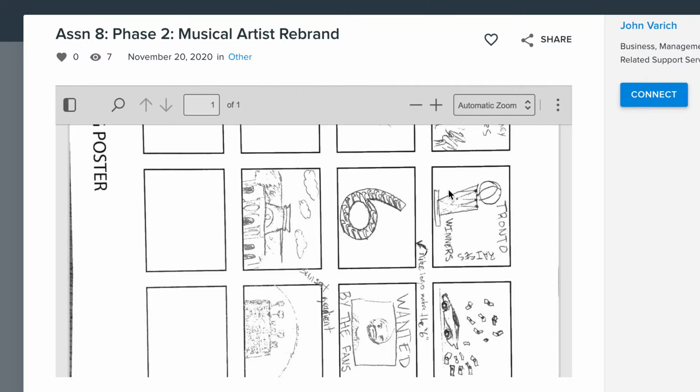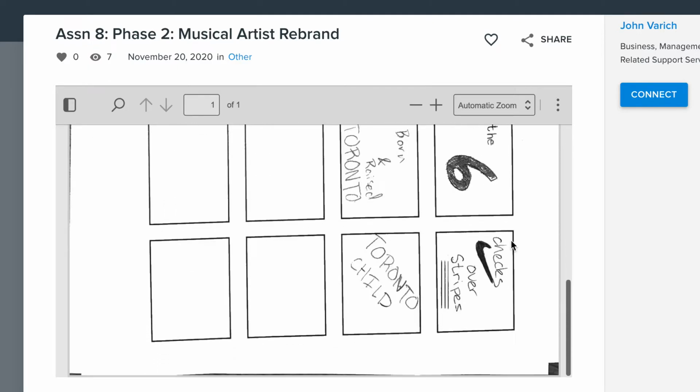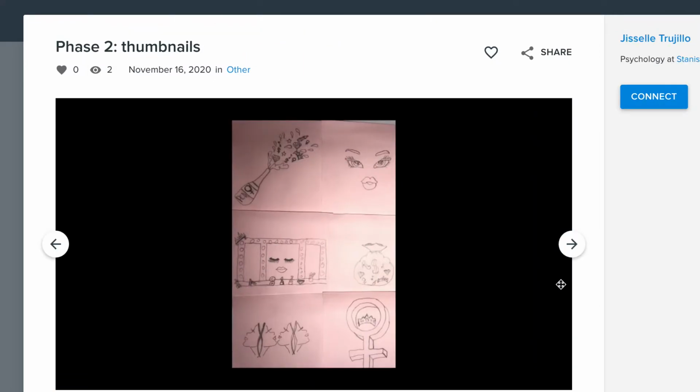Just seeing this basketball and this number 6 and the word Drake, kind of the wrong direction here. We are very much looking for a combination of 2 ideas. All right, take a look at this one.